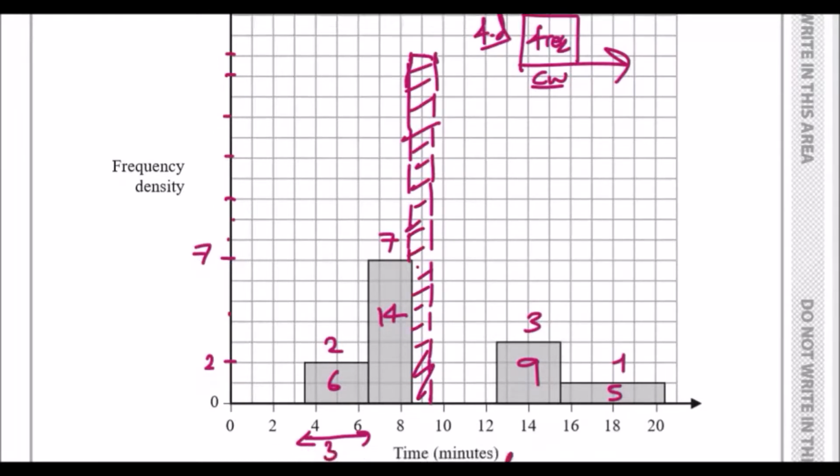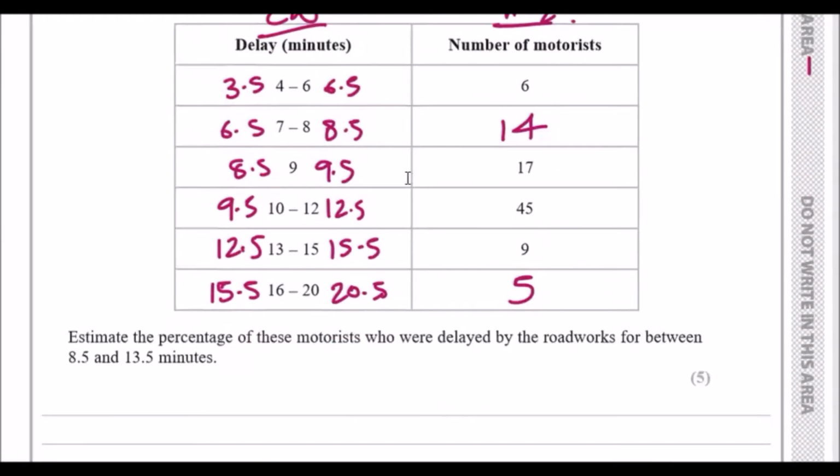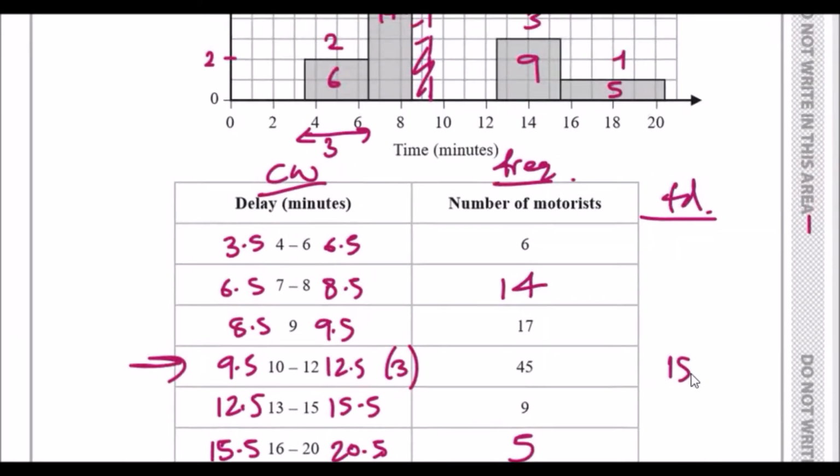Now for the last bit, let's have a look. Between 9.5 and 12.5, which is this column here, we know the class width is 3, and the area is 45. So 3 times something is 45, well, it'll be 15. So the frequency density, I should have put it here, 3 times 15 will give us 45. So we need a height of 15.